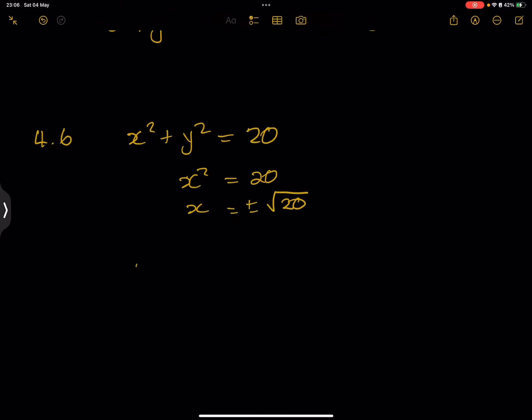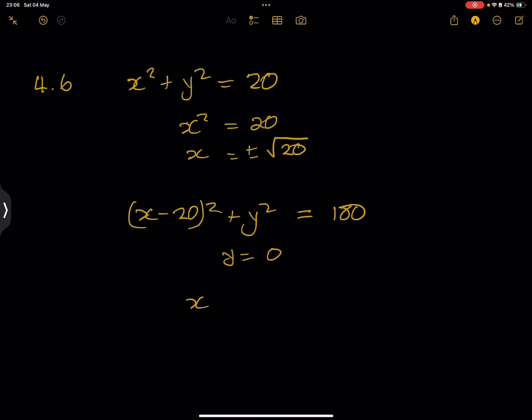So this is x minus 20, all squared, plus y squared, and this was equal to 180. So we make y equal to 0. So we've got x minus 20 all squared equal to 180. So x minus 20 would be equal to plus minus the square root of 180.